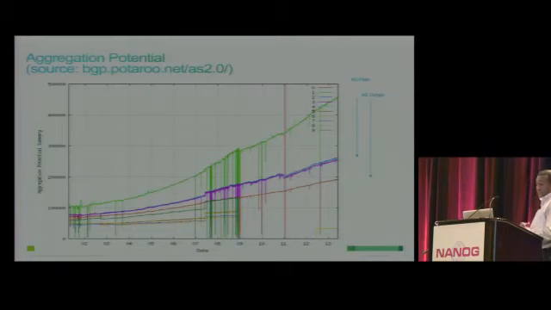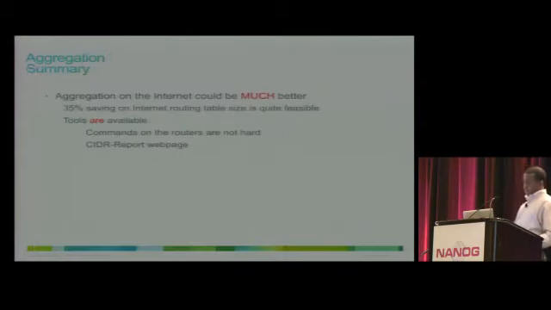If you use AS origin instead of AS paths for aggregation, you can even further reduce it below 200,000. So there's a lot of room to play with to reduce the size of the BGP table on the internet if people comply with some of the suggestions.